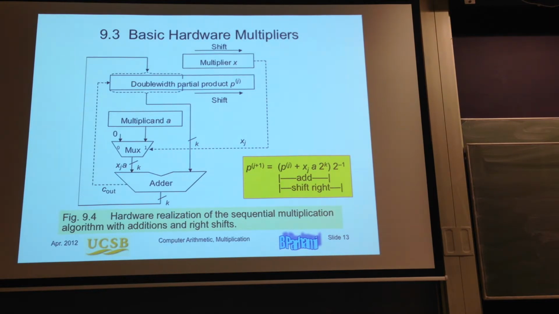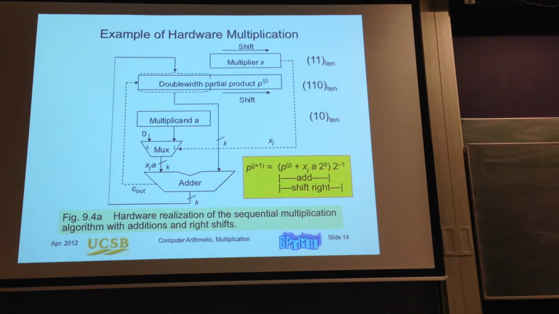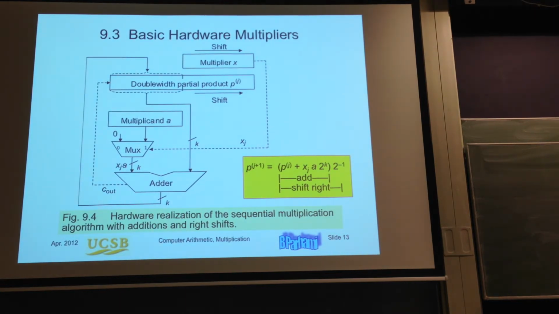Now, there is something which I already observed in this figure. And this something is that while I'm scanning X and shifting X out, X is getting narrower in this register, and the product is actually increasing.